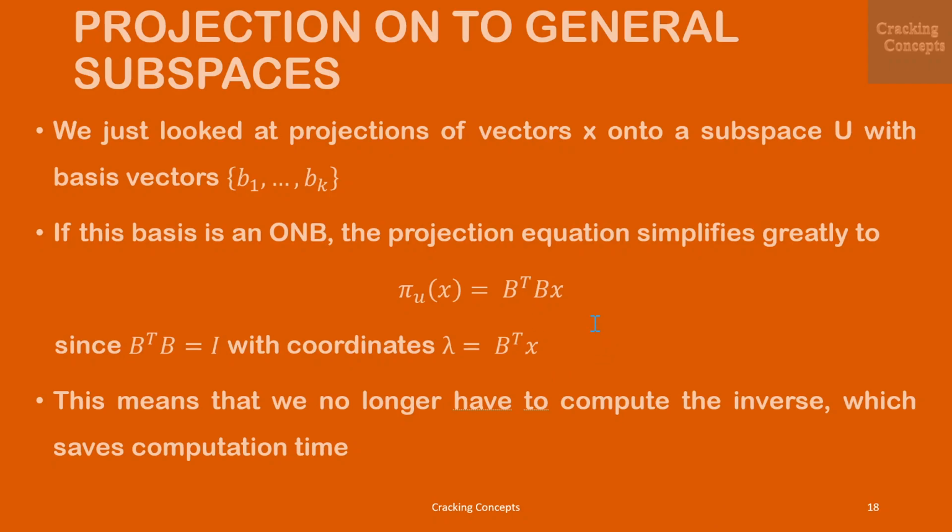Since B transpose B can be written as the identity matrix, lambda will become B transpose x. This means that we no longer have to compute the inverse using the equation we saw before, which will save us a lot of computation time.